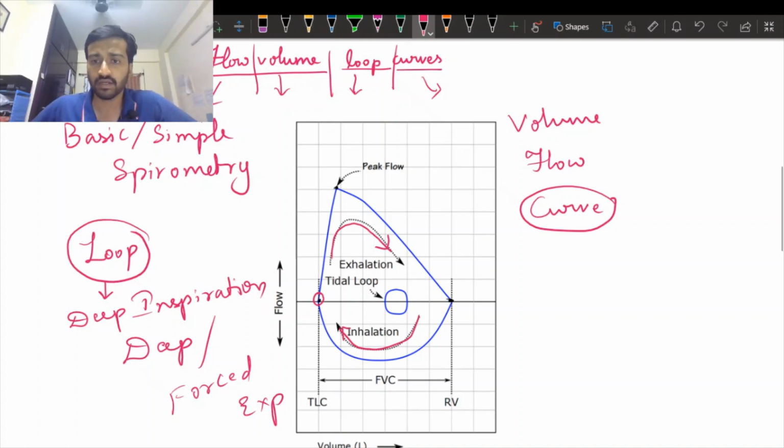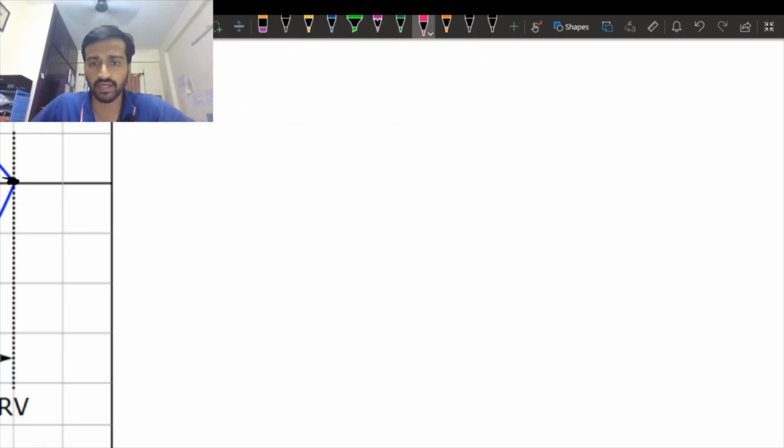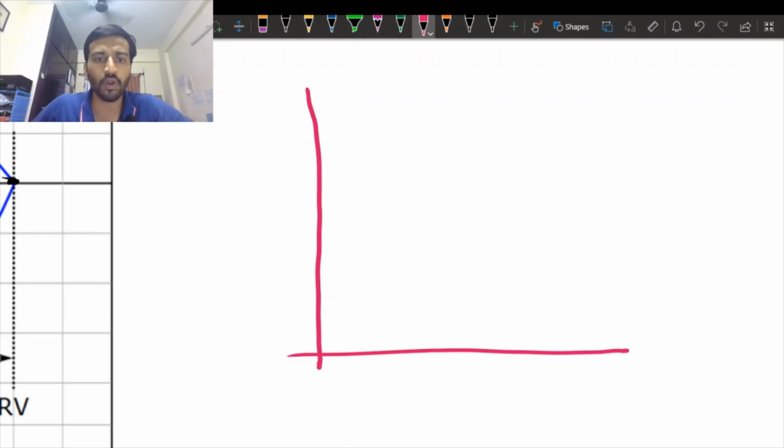That being said, we are going to now discuss few things. So here, if you see the graph here, let us draw a separate graph. Okay, for this you want to plot the velocity of air that is being expired forcibly.